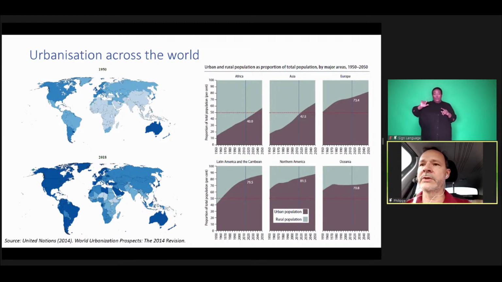You will notice that Africa has a lower urbanization rate than any other part of the world, but it's increasing steeply, and at the moment it's around 40%.